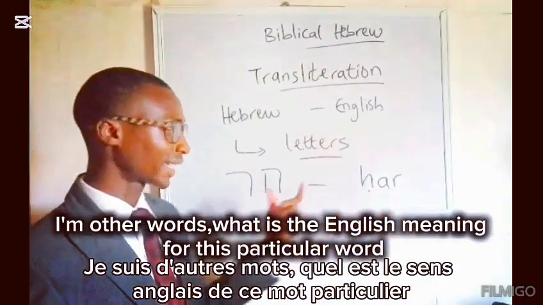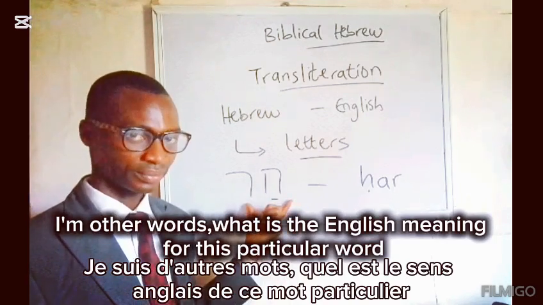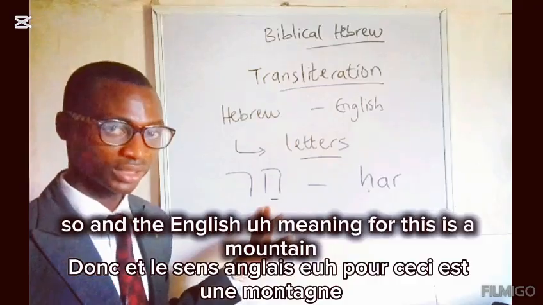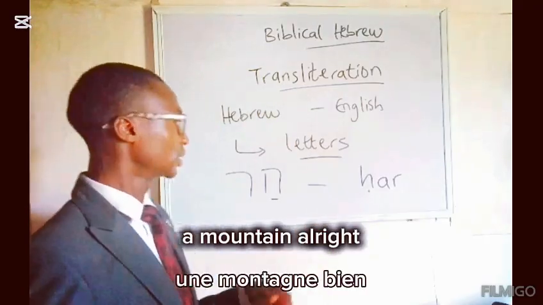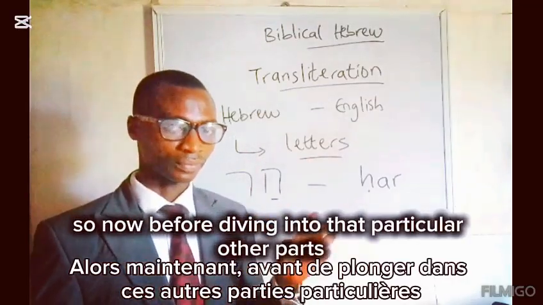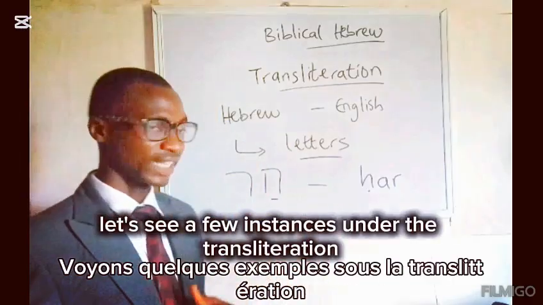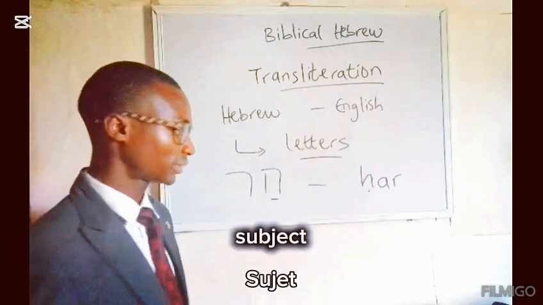What is the English meaning for this particular word? The English meaning for this is a mountain. Before diving into that other part, let's see a few instances under the transliteration subject.